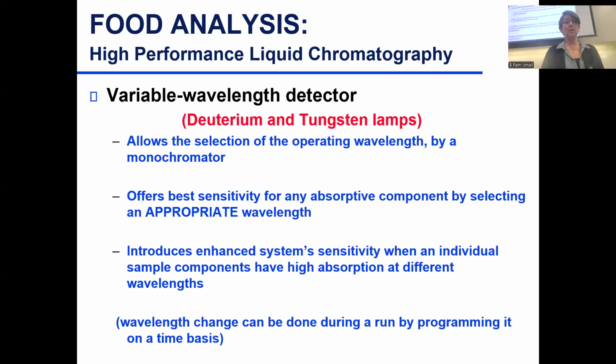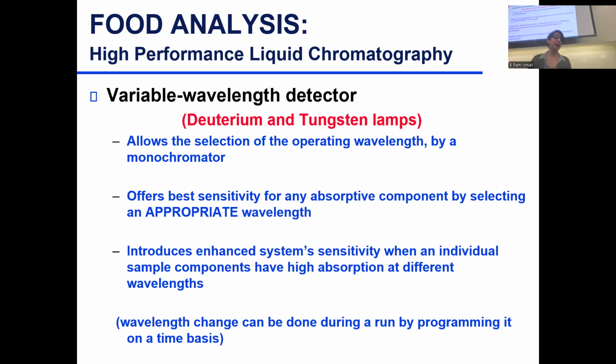So the most common detector is a variable wavelength detector. It's cheaper than other detectors, commonly available. And in this variable wavelength detector, meaning you set the detection at a particular wavelength. Sometimes you can set to read absorption at 2 wavelengths.